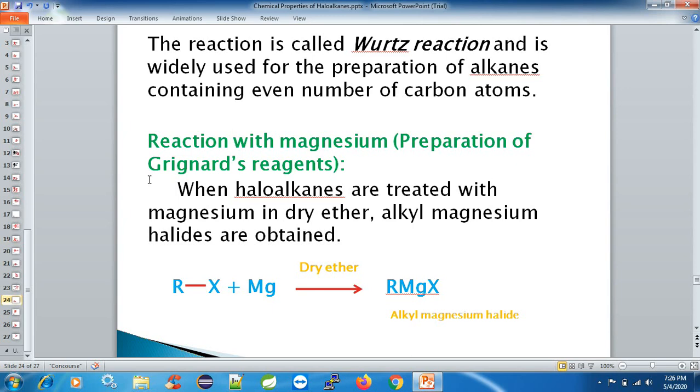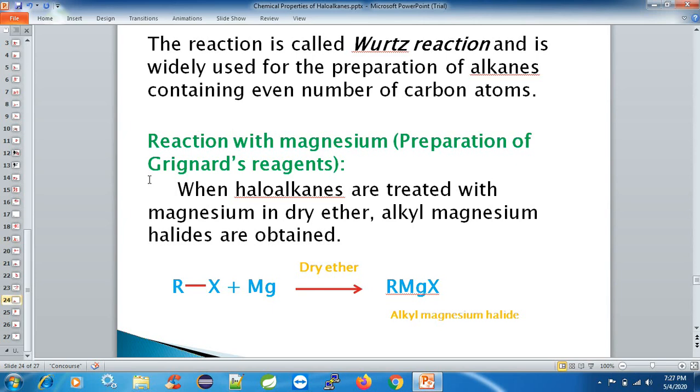Next we will discuss the reaction of haloalkanes or alkyl halides with magnesium metal, that is preparation of Grignard's reagent from alkyl halides. When haloalkanes are treated with magnesium in dry ether, alkyl magnesium halides are obtained.